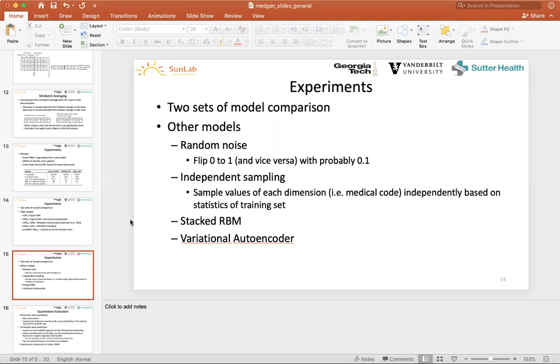But in VAEs, in variational autoencoders, what you enforce or encourage the model to do is take a normally distributed noise, you still sample from a normal distribution, and then map it to synthetic data.